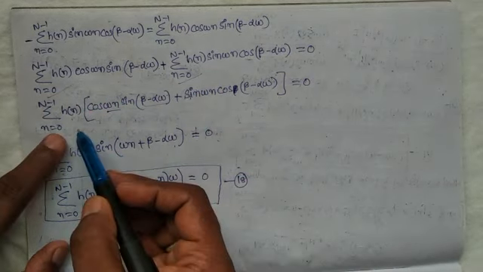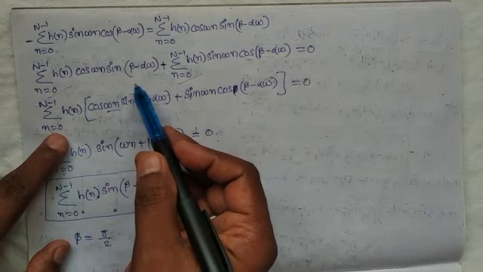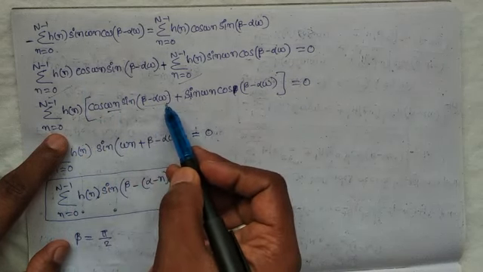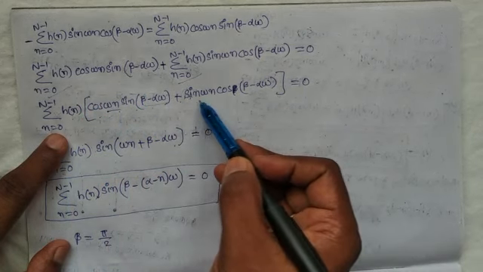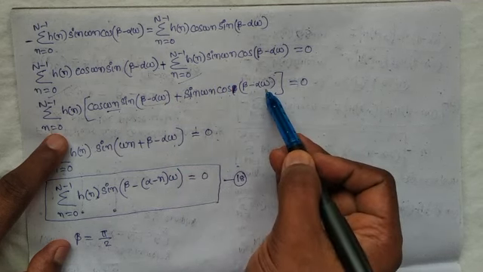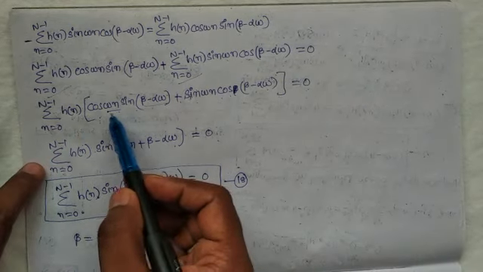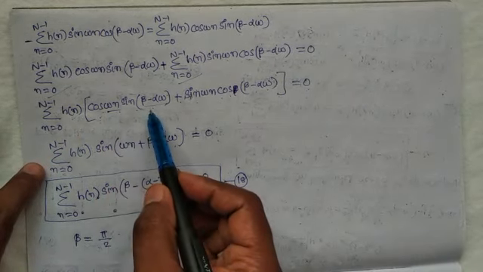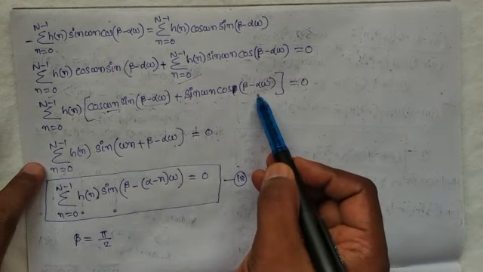The remaining terms are cos omega n into sin of beta minus alpha omega plus sin omega n cos of beta minus alpha omega, equal to 0. This is of the form cos A sin B plus sin A cos B.